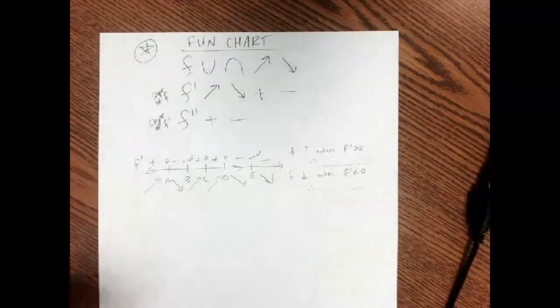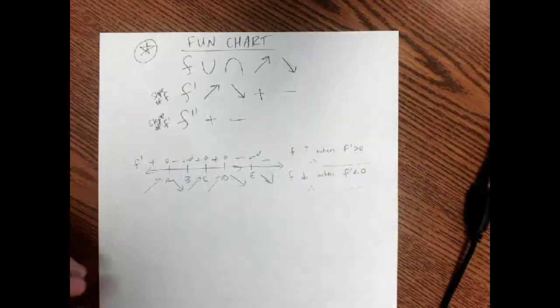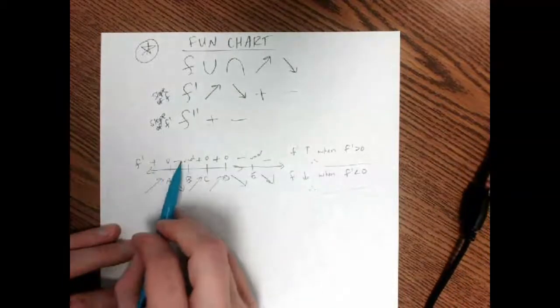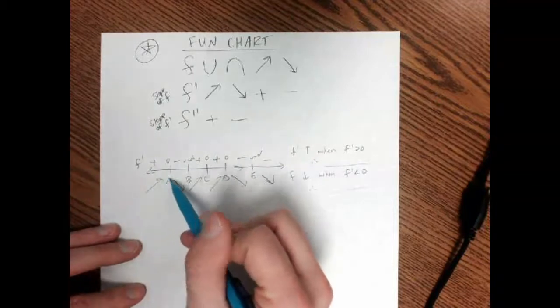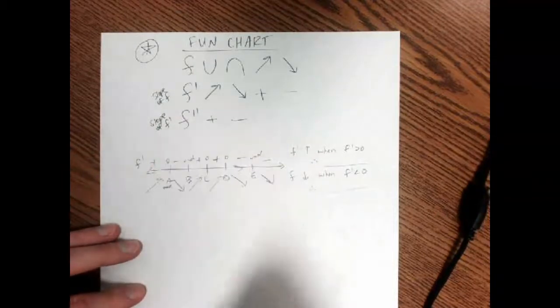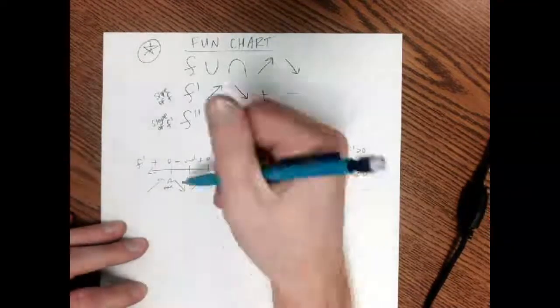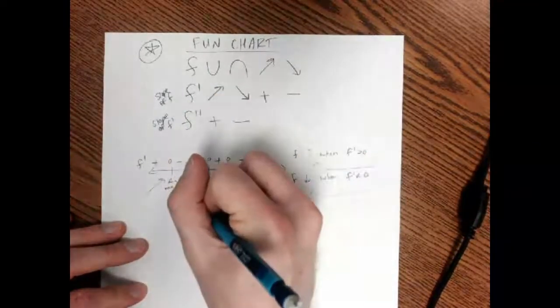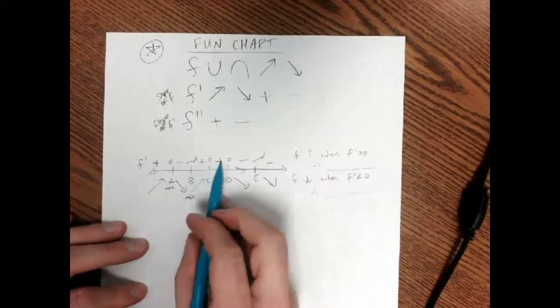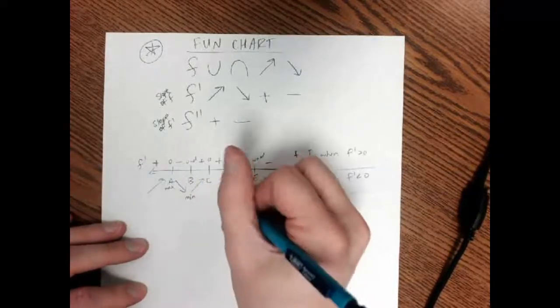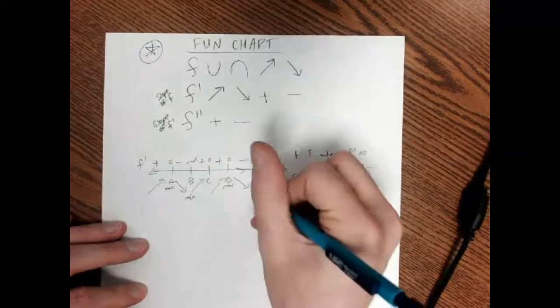And then you could also use this first derivative sign chart to find the maxes and the mins. Like, hey, if the derivative changes plus to minus, that means it changed from increasing to decreasing. That means that point would be a max. Vice versa, if the derivative changes negative to positive, that means f was decreasing to increasing. That means that's a min. Here there's no change, so that would be a neither. Here there's a max. Here there's no change, so that would be a neither.